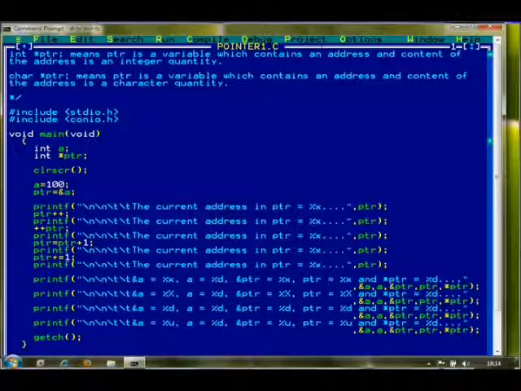So PTR plus plus will be translated to the increment micro instruction, and PTR is equal to PTR plus 1 will be translated using the add instruction.